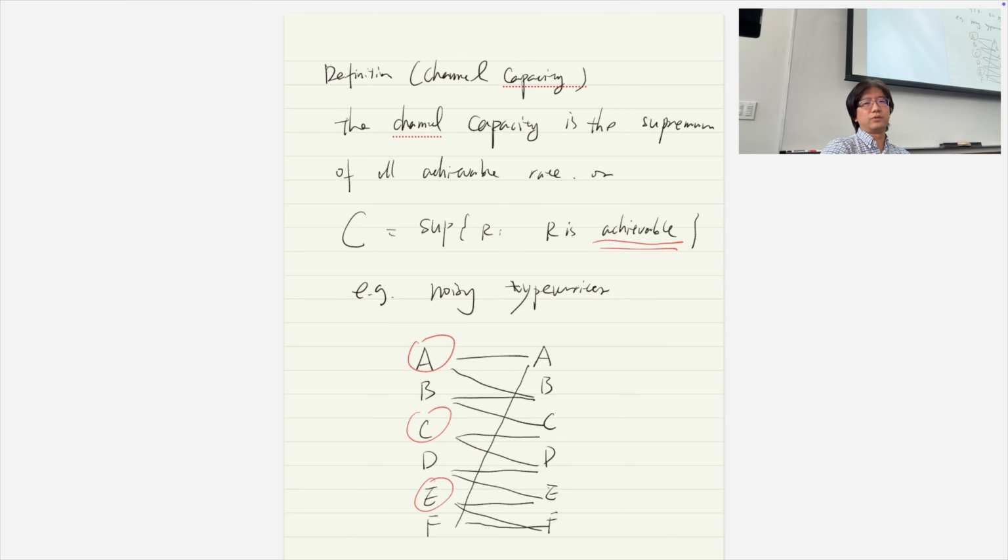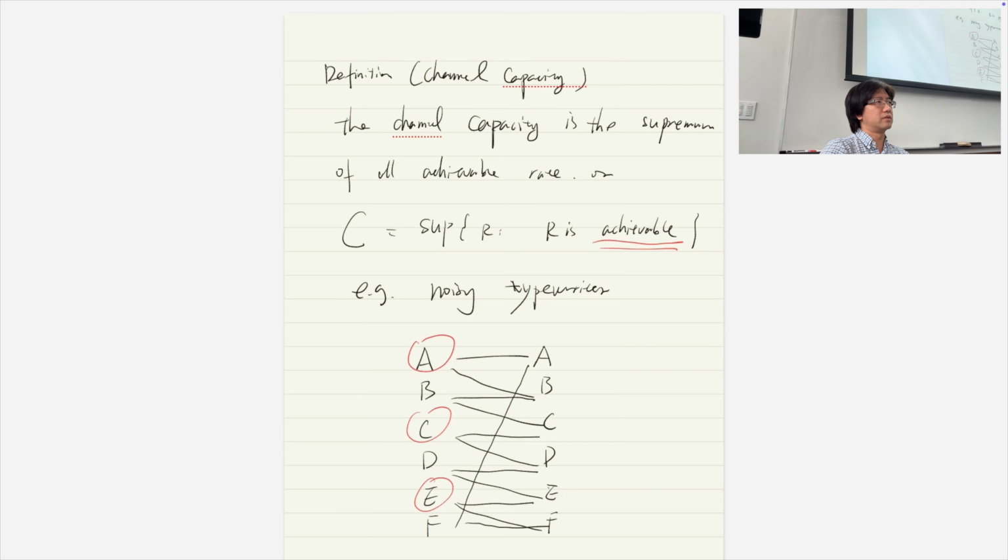We can use this like a channel code. It doesn't have to be what we transmit. Let's say we want to transmit 0, 1 and 2. 0 means A, 1 means C, 2 means E, something like that. So this is the coding alphabet. If we transmit A, C, E, using those 3 as code words, will there be any confusion? No, right? And then we can transmit with totally 0 error.